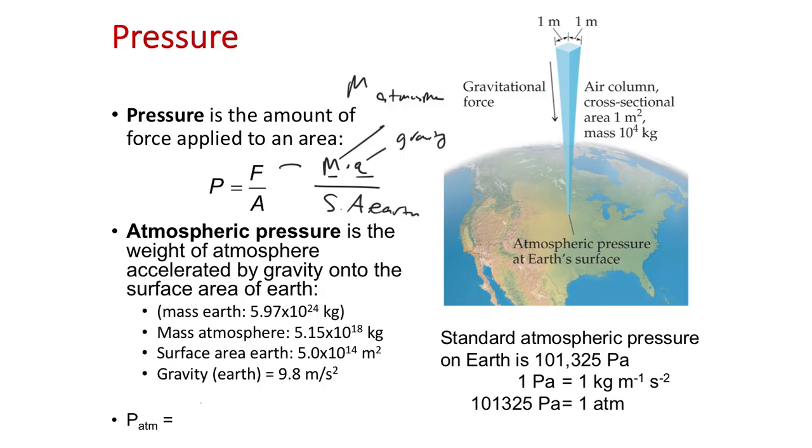If we take that mass, 5.15 times 10 to the 18 kilograms, because it's the mass of the atmosphere that matters, not Earth. I just wanted you to see that the Earth is a lot more massive than the atmosphere. Then we multiply that by gravity, and then we're going to divide that by the surface area of Earth.